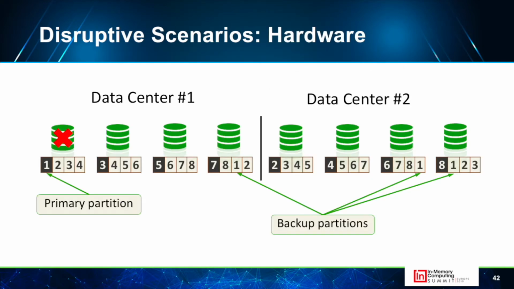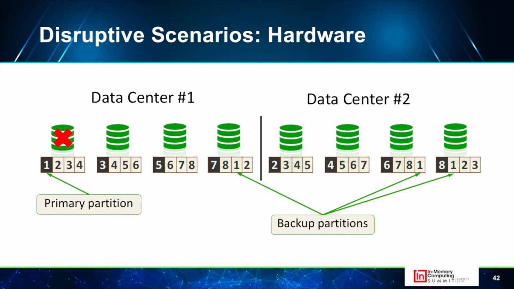Hardware. For each partition in the cluster, there are 1 primary node and 3 backup nodes. So we have 4 copies for each partition. And each copy is stored on a different server.